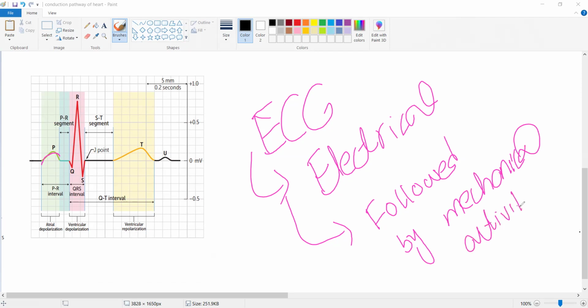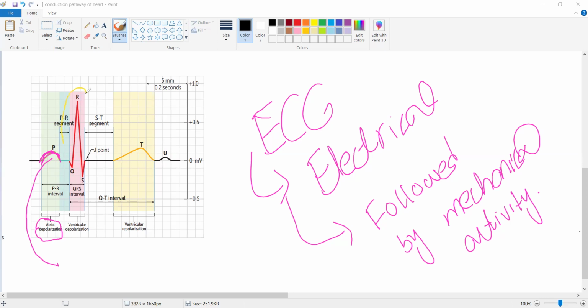So first the SA node fires. The P wave represents atrial depolarization. It doesn't represent atrial contraction. After the P wave, the contraction takes place.